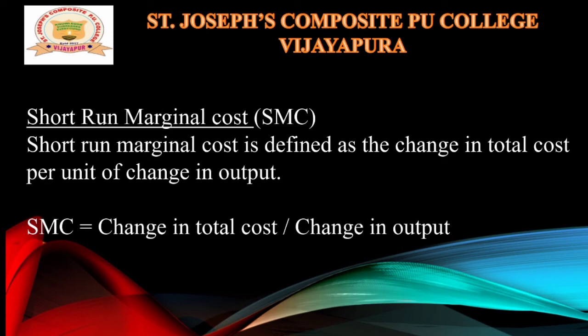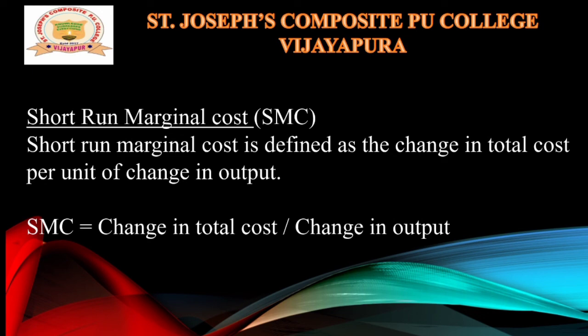Next one, short run marginal cost, or SMC. Short run marginal cost is defined as the change in total cost per unit of change in output. This wording you need to write: change in total cost per unit of change in output, that is marginal cost.